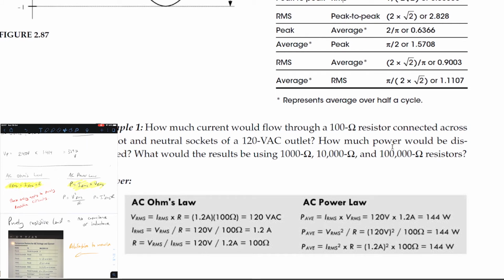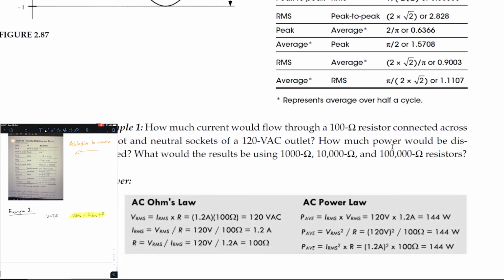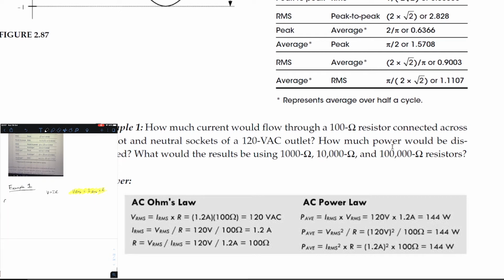AC here, and so we're trying to find current, right? Is it current? Yeah, current through a 100 ohm resistor connected across 120 VAC.